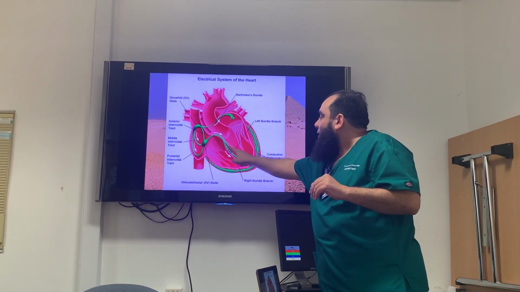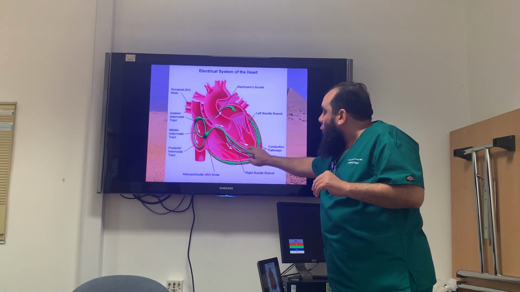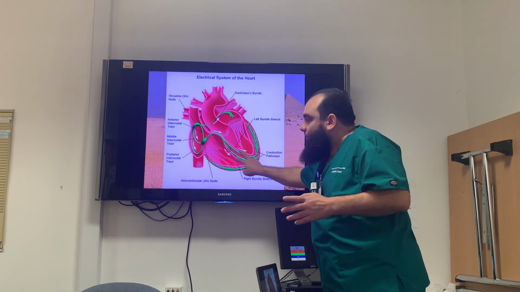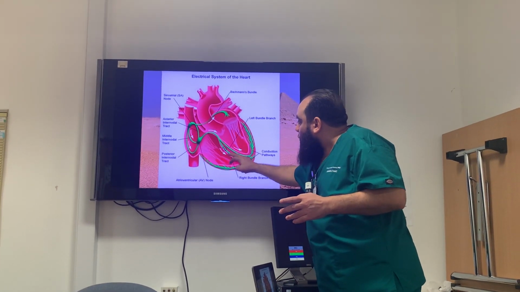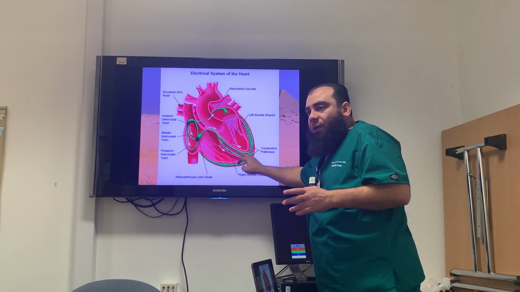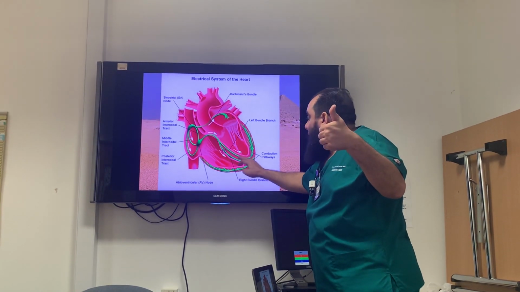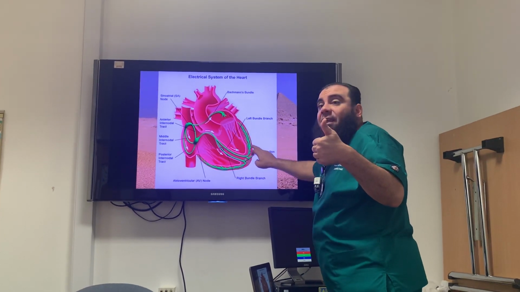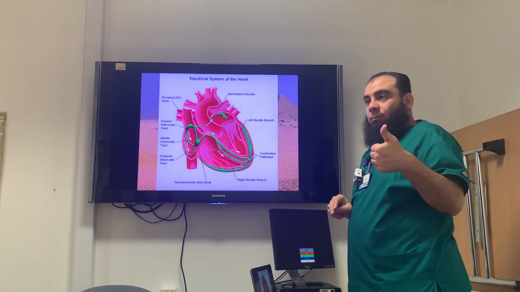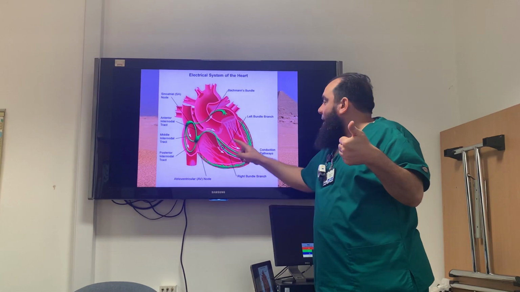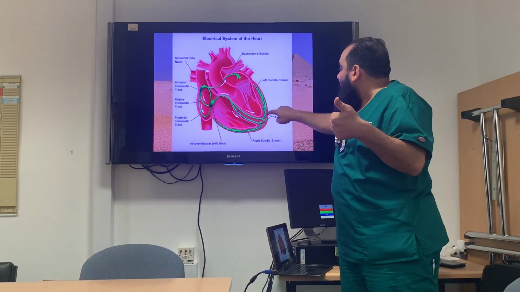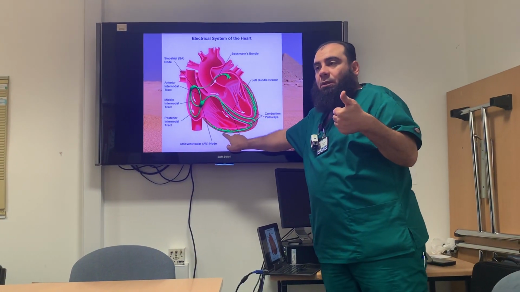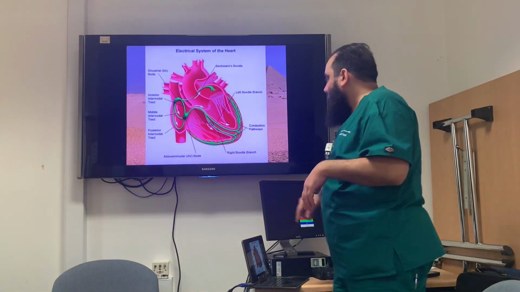The excitation wave comes through the left one, and to transfer the excitation to the septum, the impulse travels through the septum from here, so septal excitation, then the impulse goes to the left ventricle and then to the right ventricle. So we expect a wave for it, a wave for that, and a wave for that. Simple as this, isn't it? Good.